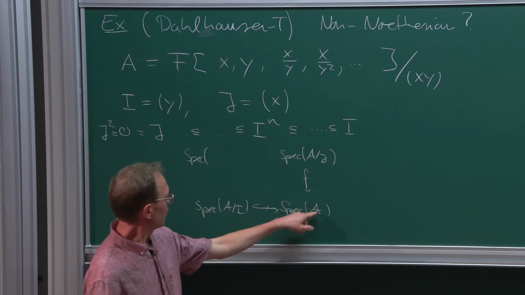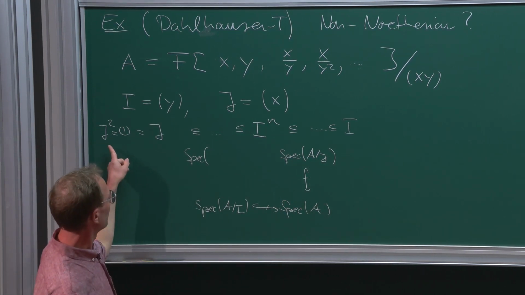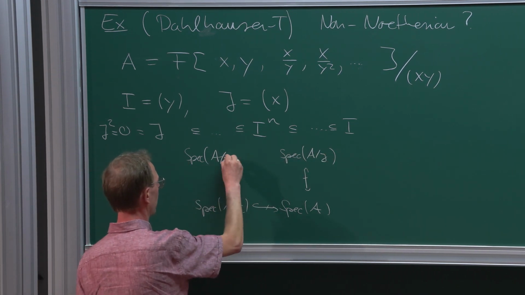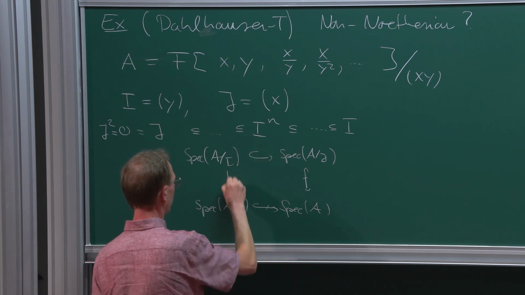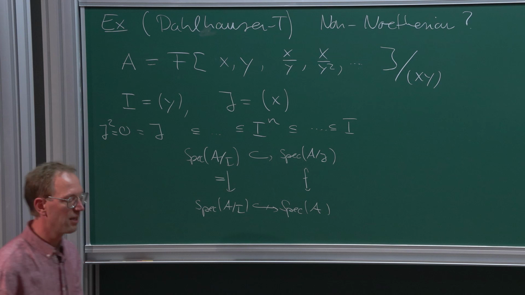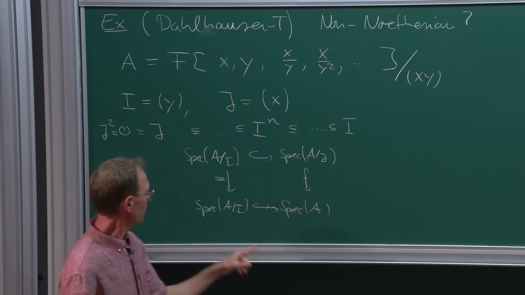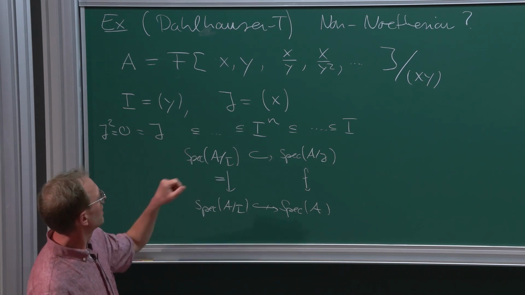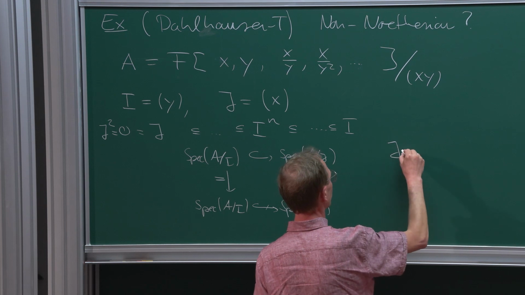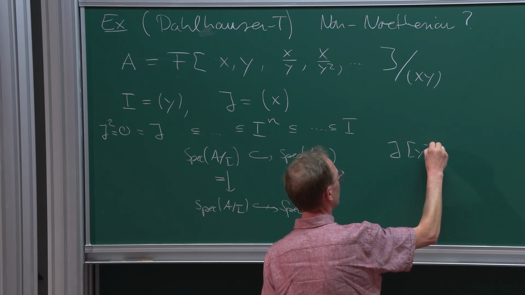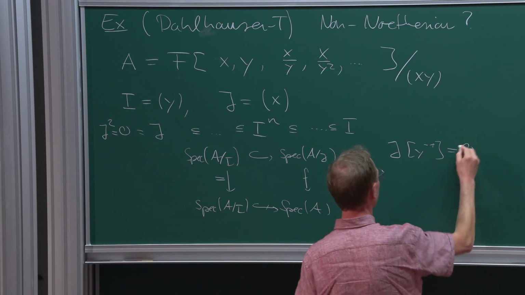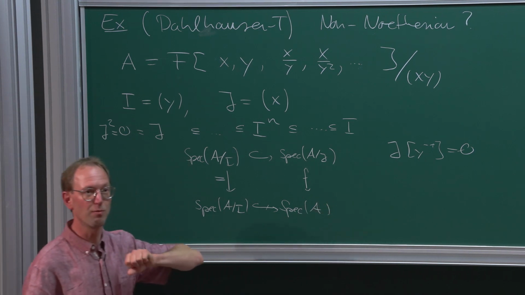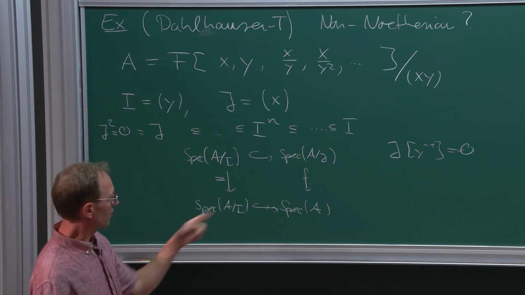You just have to compute the tensor product, but because this ideal J is contained in I, this is just A mod I again. So here is the identity map. And if you look at the complement, this means you have to invert this generator y of I. If you invert y here, J will be 0. And so this is also an isomorphism on the complement. Okay. So this is an abstract blow-up square.